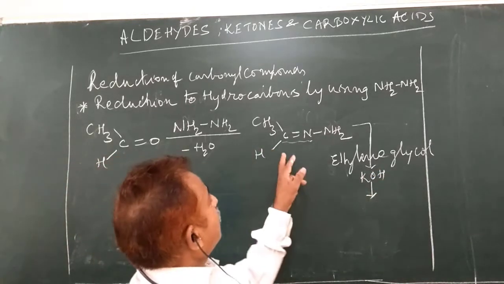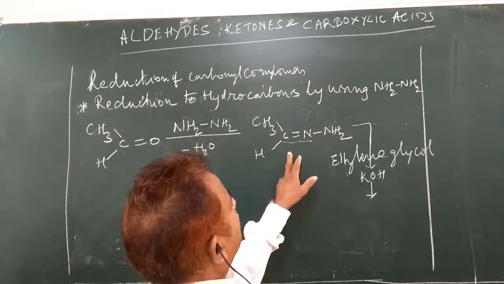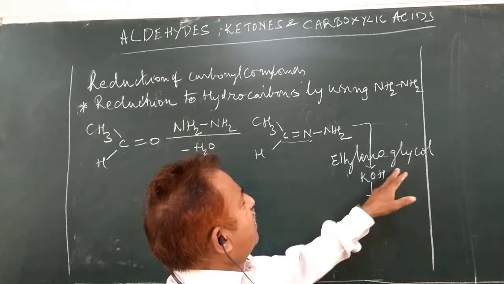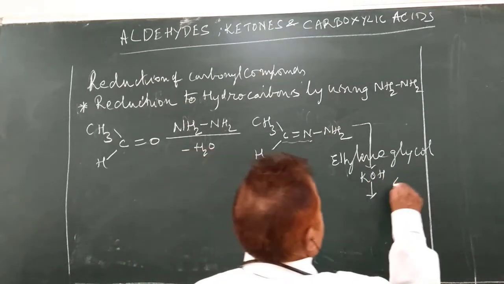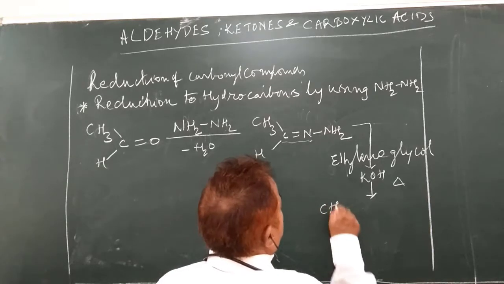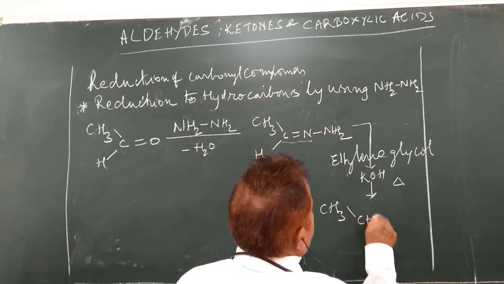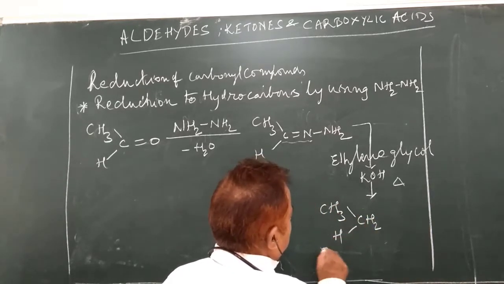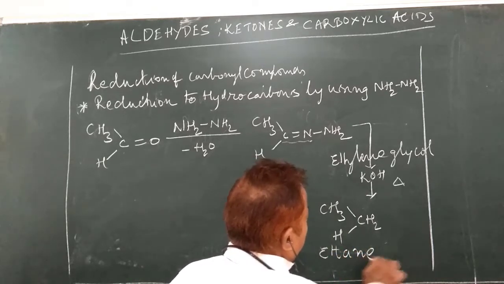So the so formed hydrazone is subjected to ethylene glycol and KOH, and of course at a high temperature we get CH3CH3. This is nothing but ethane.